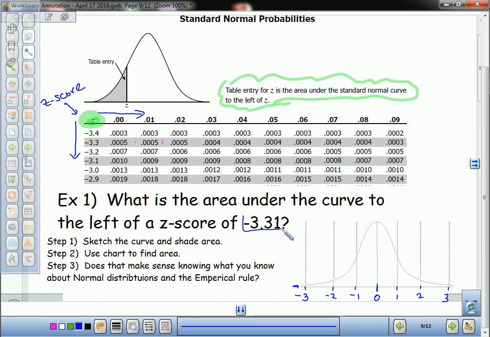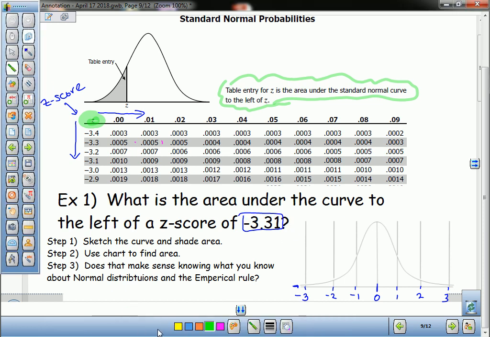So this is the z-score we're trying to locate. We want -3.3, so we're on this row. That's what we're looking at. And then we want 1 to be our hundredths place.